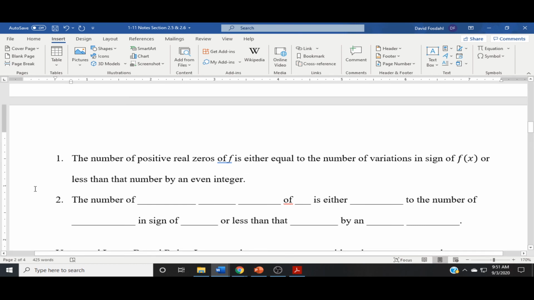So the positive real zeros will either be equal to the number of variations in sign of f of x or less than by an even number.